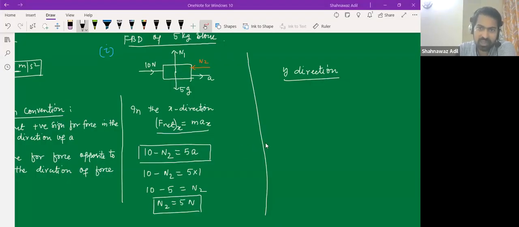Only in the x direction do we have any other acceleration? Understood? Yes, sir. So if it is not moving upward or downward, what does it mean? It should be 0. Yes, exactly. It is only going in the x direction and acceleration is constant.